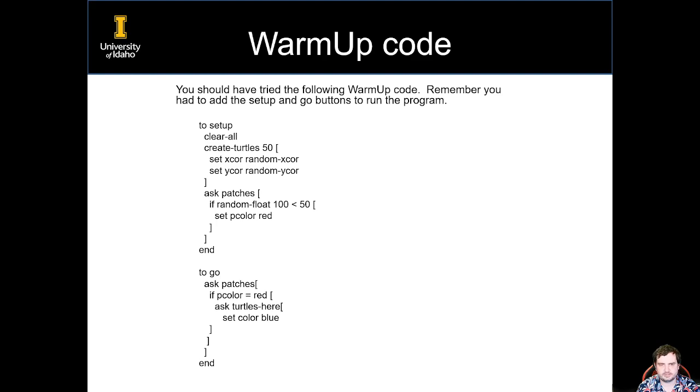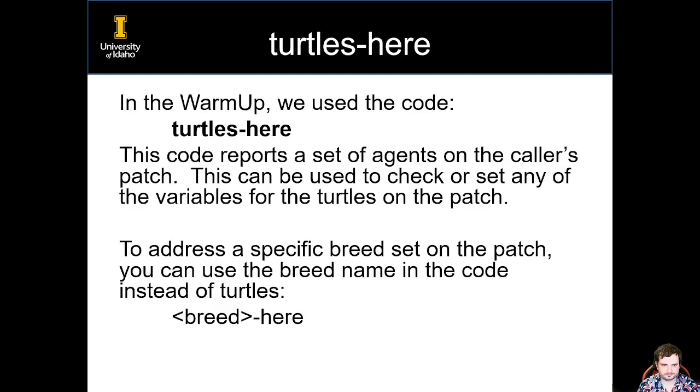This should be from the warm-up, where we made a whole bunch of turtles. We made some patches that were red, and once the turtles landed on a red patch, they would set themselves to be blue. We're going to use a similar idea, but we're going to go turtle to turtle. The way that we do that is we use the command turtles-here.